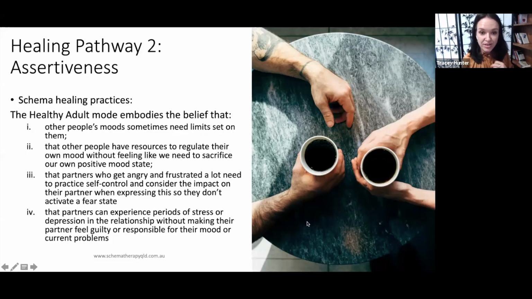And also embodying the belief that partners can experience periods of stress or depression in the relationship without making their partner feel guilty or responsible for their mood or current problems. So if I was going through a period of stress or depression, I can still be very mindful of not projecting that onto my partner and making my partner feel guilty or like it's all his fault.